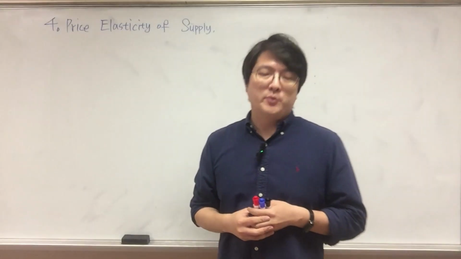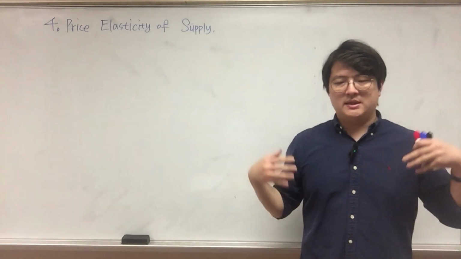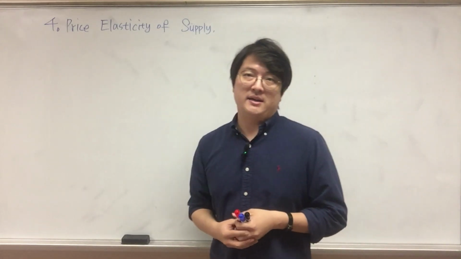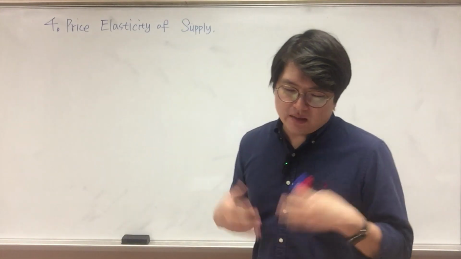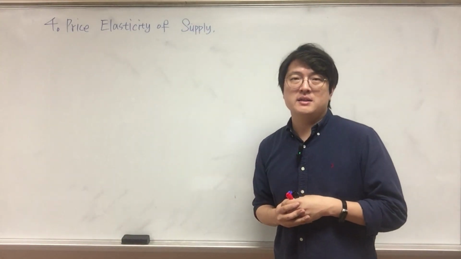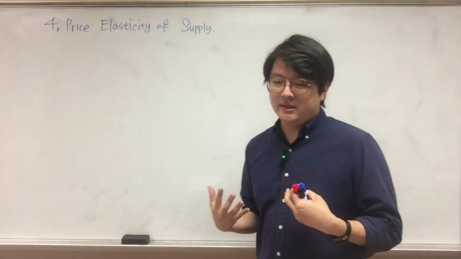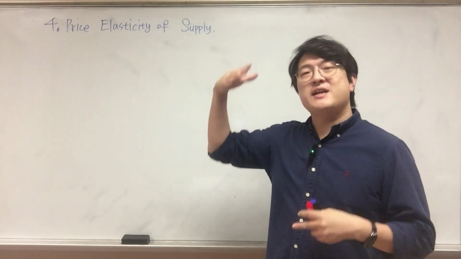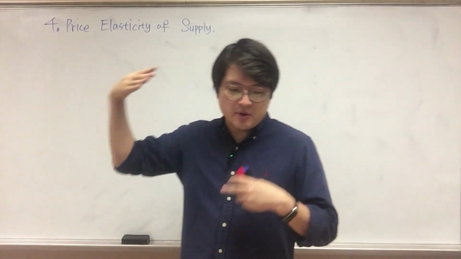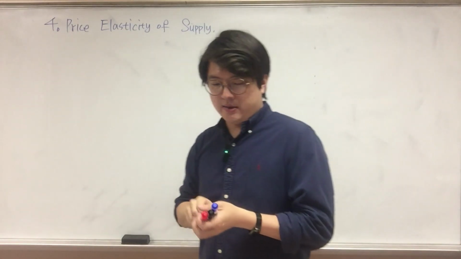Okay, next, we'll study the price elasticity of supply. This is very similar to the price elasticity of demand, but remember that according to the law of supply, if the price increases, the quantity supplied goes up.